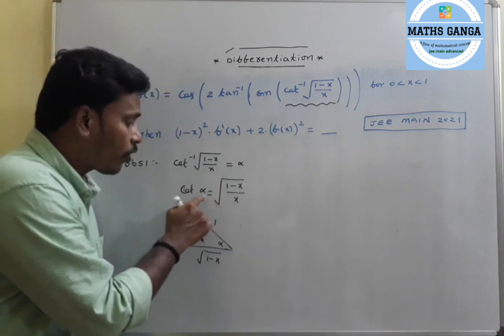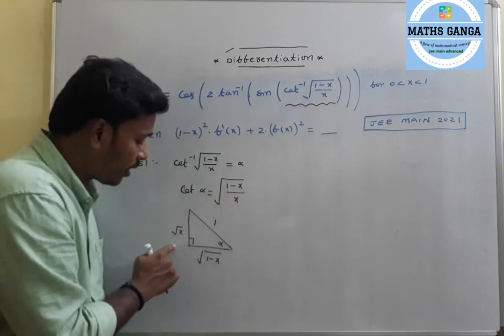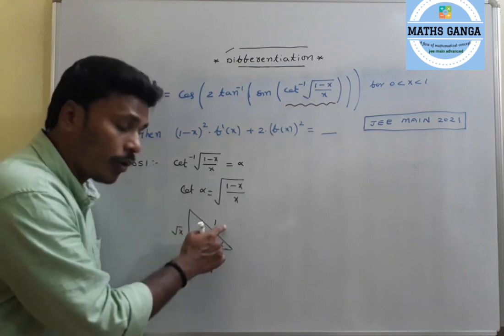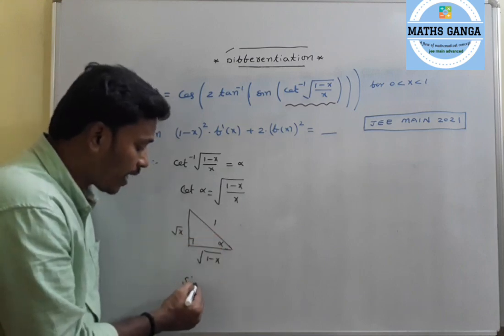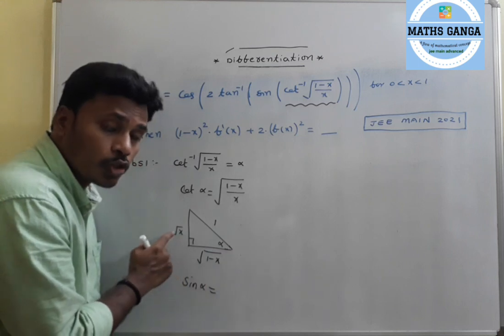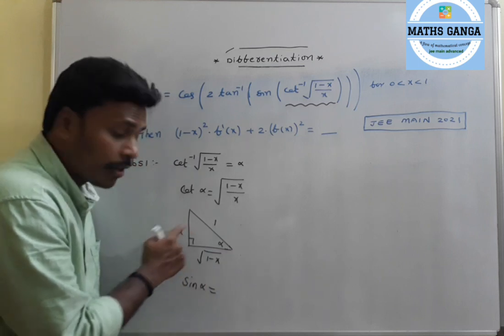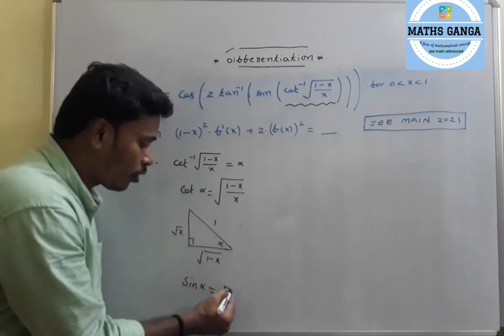So if cot alpha is root 1 minus x by root x, then this is root x, this is root 1 minus x, and that is 1. Then what do you say about sine alpha? Sine alpha is opposite by hypotenuse, which is root x.